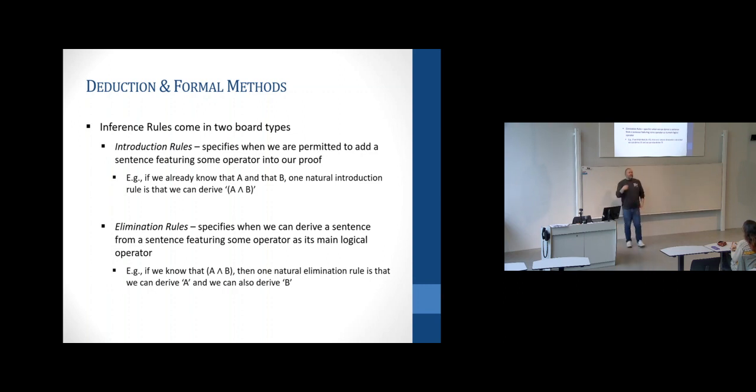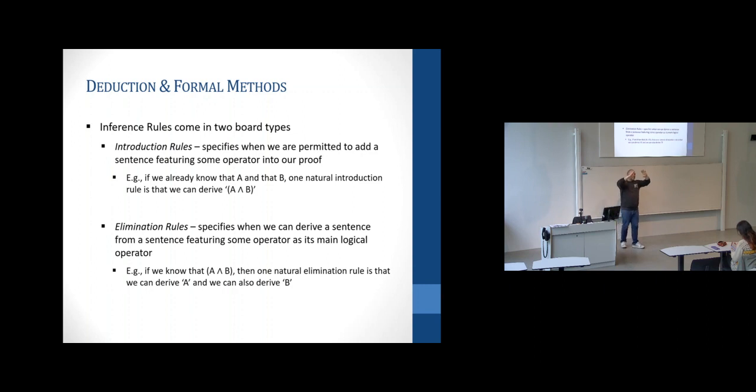On the flip side, you can have elimination rules, and these are kind of badly named. They're really exploitation rules. They tell us if you have a sentence featuring some operator, this is what you can do. This is what you can get out of it. So for example, again, picking on conjunction, if you have A conjunction B, and you know that it's true, well, remember that a conjunction is only true if both conjuncts are true.